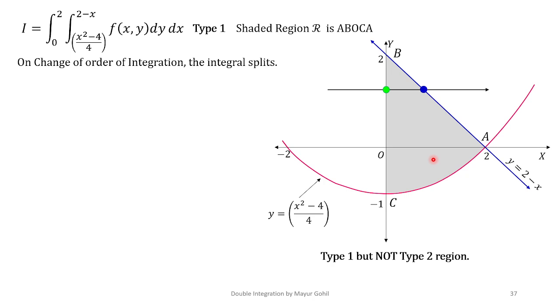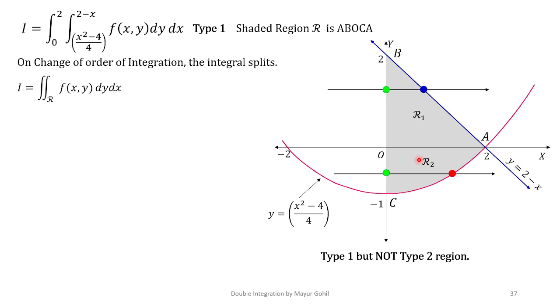And when I pass the line again, it is entering at the green dot but exiting at the red dot, which is on the parabola. The entry points are the same but the exit points are different. So now we need to understand how to go about it. I label the two regions over here R1 and R2.